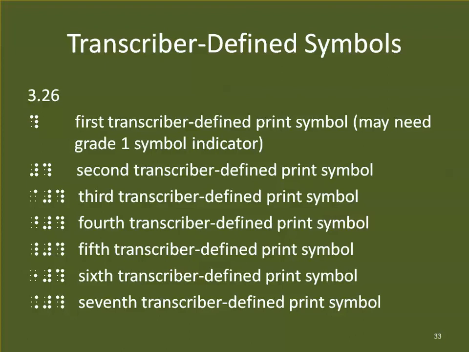We don't need to show the extent of it or anything like that. This is the actual symbol that we would be using. And again, as transcribers or vision teachers, if we are putting this down, we do not call this, for the Braille reader, say, the second transcriber-defined print symbol. That means nothing to the reader. That's transcriber talk. So call it what it is. If you're using it for a star, call it a star.